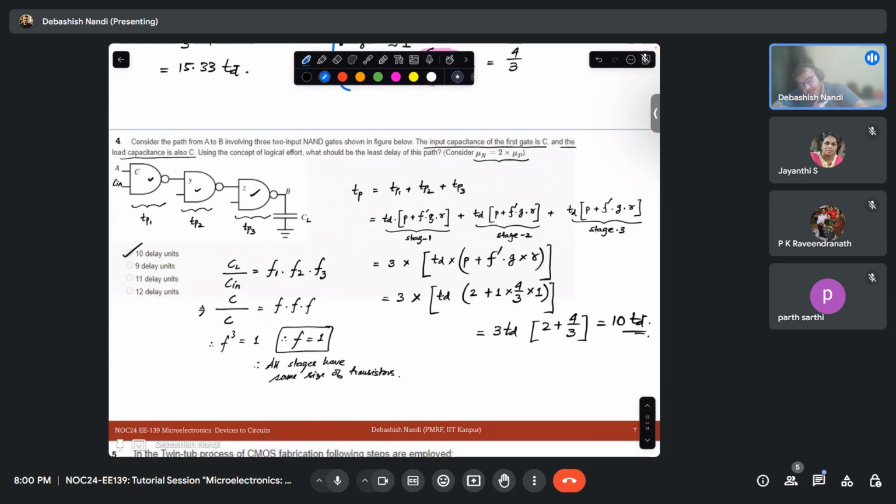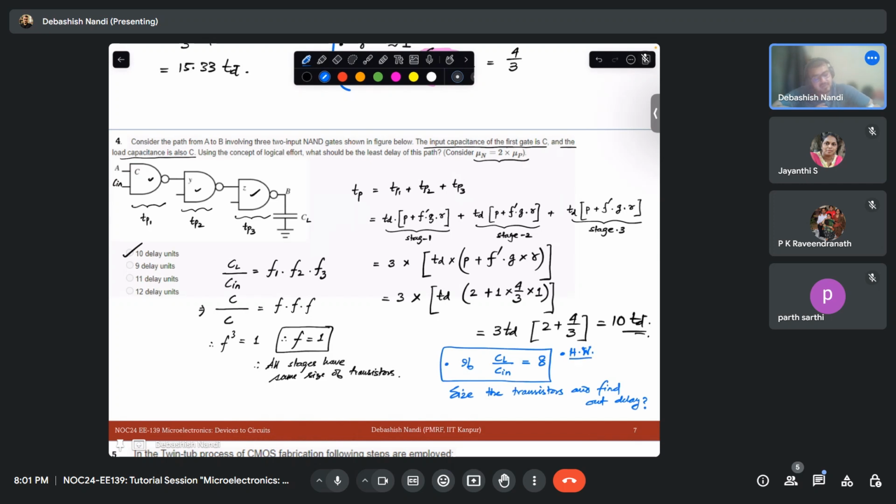Now what will happen if your CL by Cin, let's say, is equal to 8? Size the transistors and find out the delay. Okay. This you try to do in the homework, and I will discuss this in the summary session.